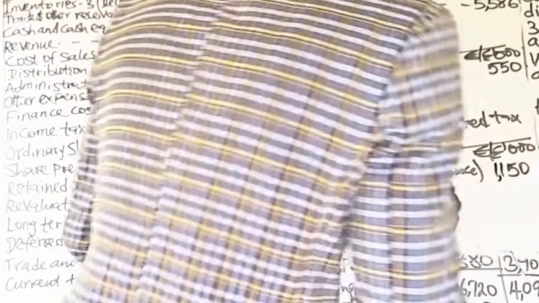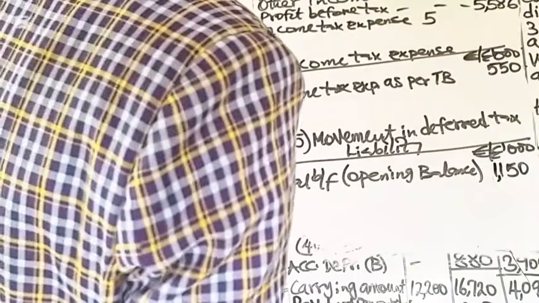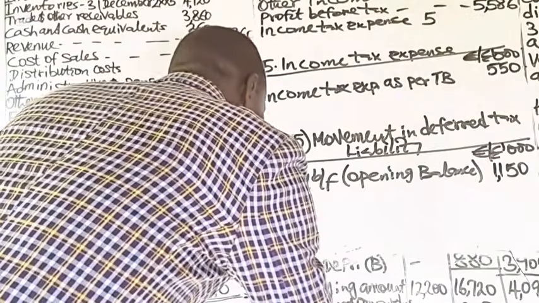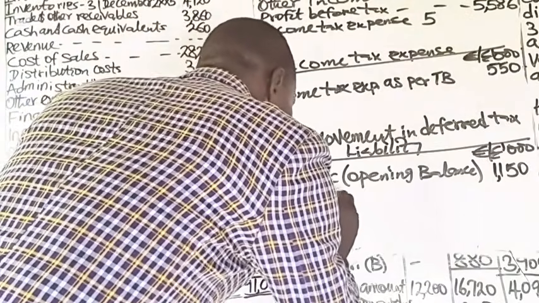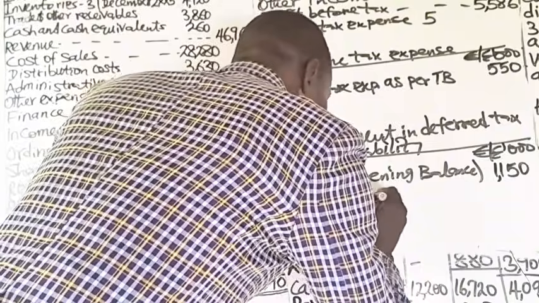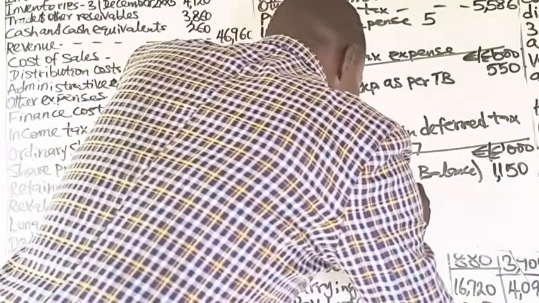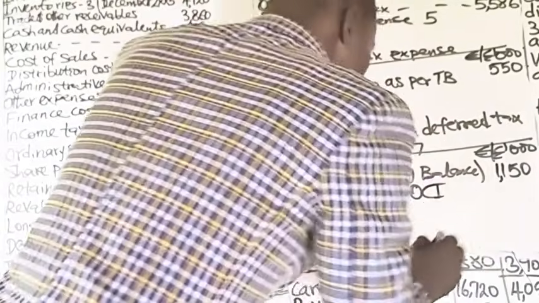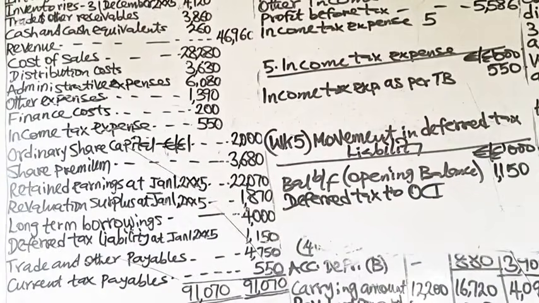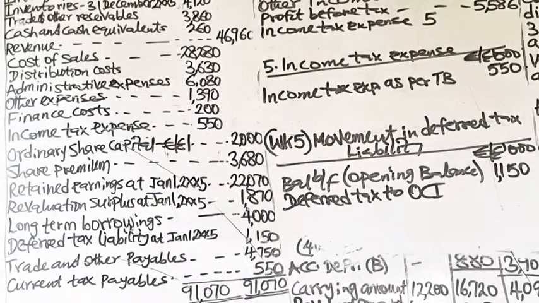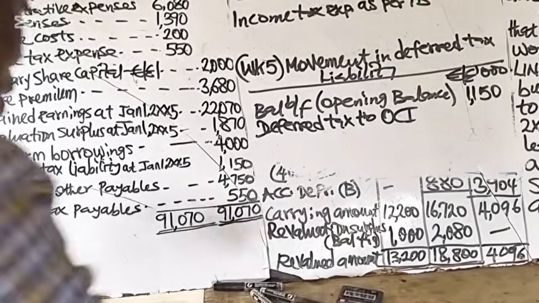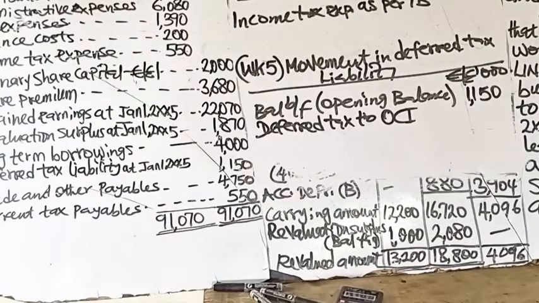Now, if you go through note 6, you have the tax rate to be 15%. We have deferred tax that will be charged to other comprehensive income. Now we have revaluation gains of 1 million and 2,080,000.